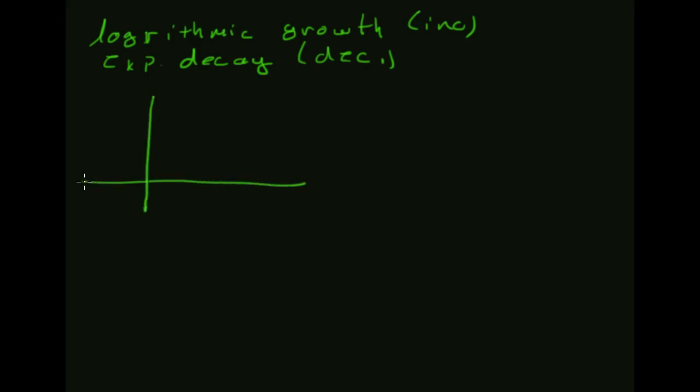I have a current population. It is growing, but it's growing to some limiting factor m. Or I have a current population and it's decreasing to some limiting factor m.